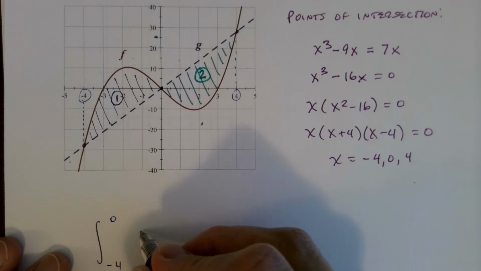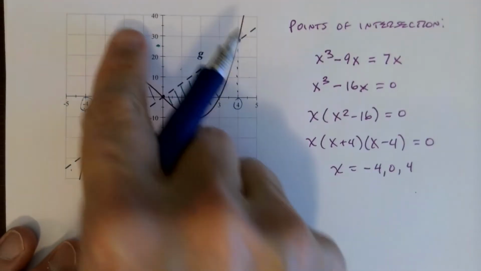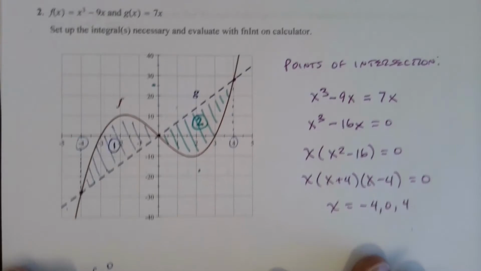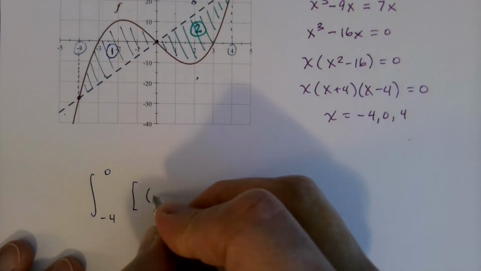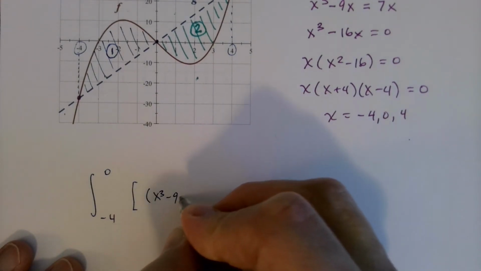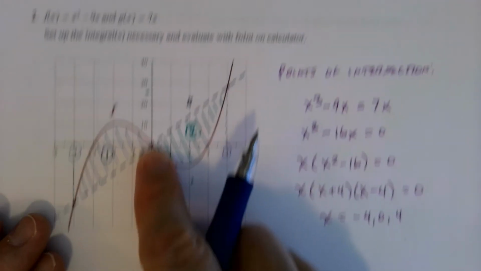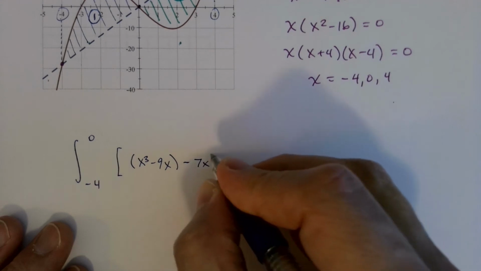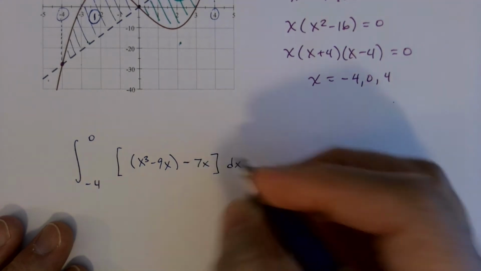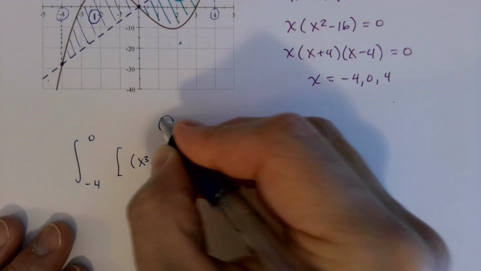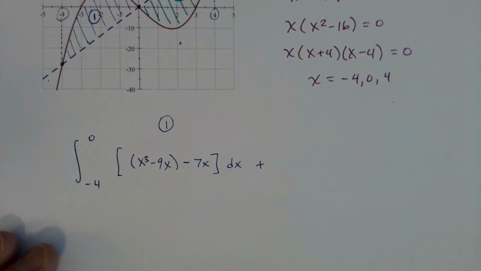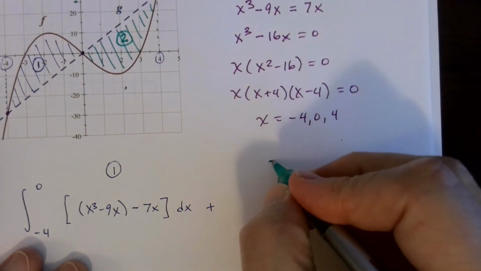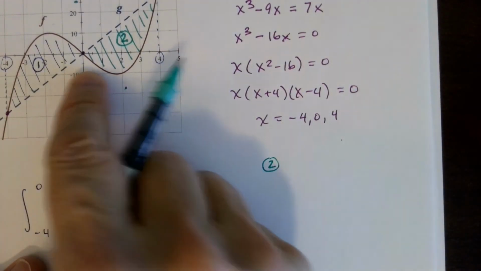Top function is what? f of x, which is x cubed minus 9x, minus the bottom function, which in this case is the linear function g of x equals 7x. So this is number 1, plus then number 2, region number 2, its integral goes from 0 to 4.